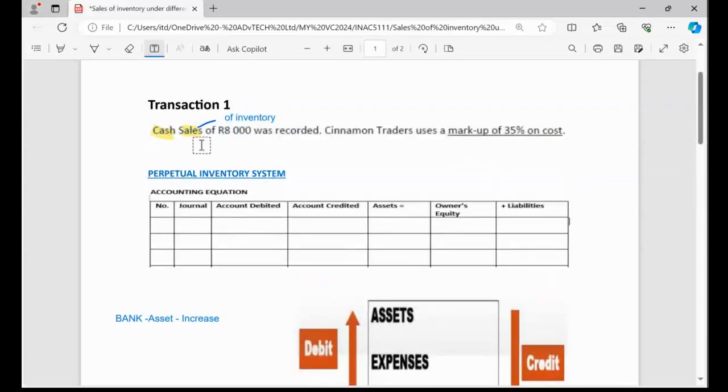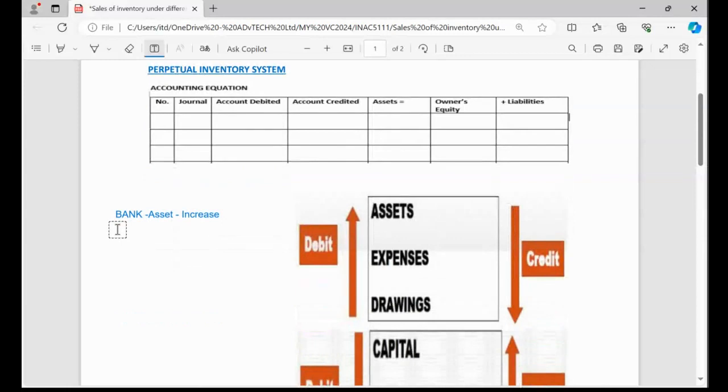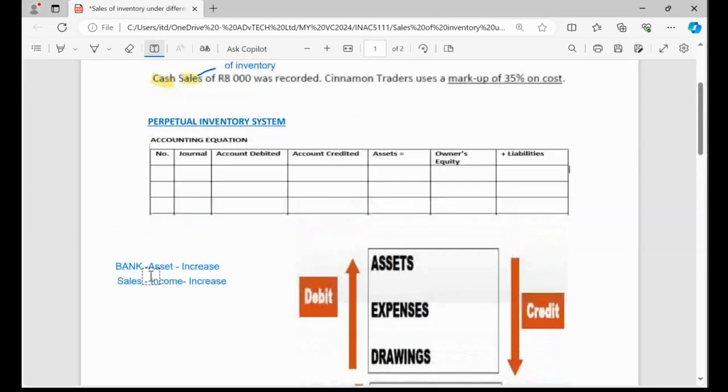Because you are selling inventory, you are going to have sales. And again, we must say sales are income. You must learn those things. And at the same time, income is increasing. So it is important for you to be able to analyze and know the account. This is the first part.